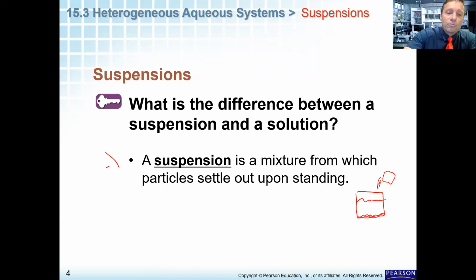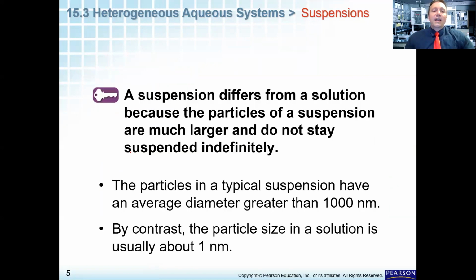This is a key term here, so please get this down into your notes. So suspension should be in your notes. A suspension differs from a solution because the particles of a suspension are much larger. Remember, we said that a solution is very tiny particles, salt or sugar added into water. They're very small and they break down. So here are some key contrasts.